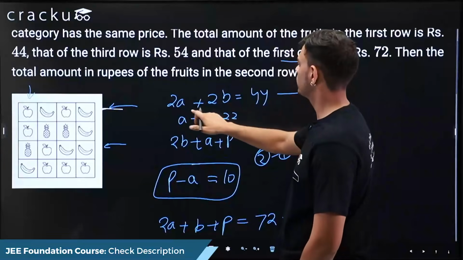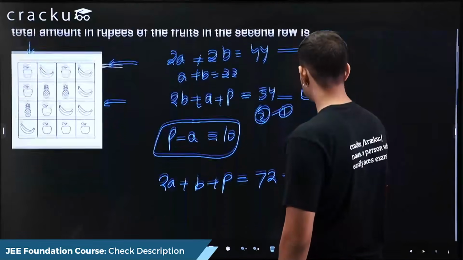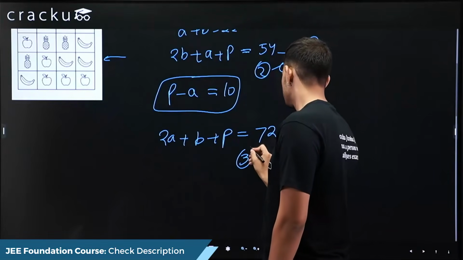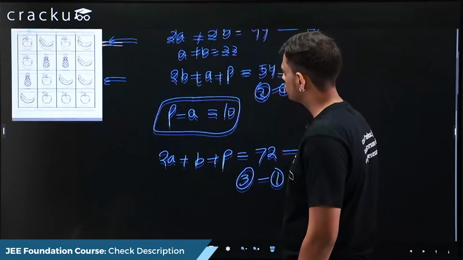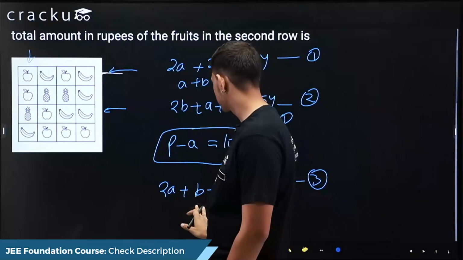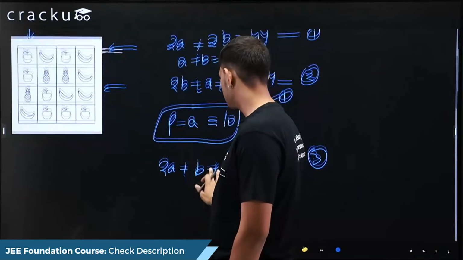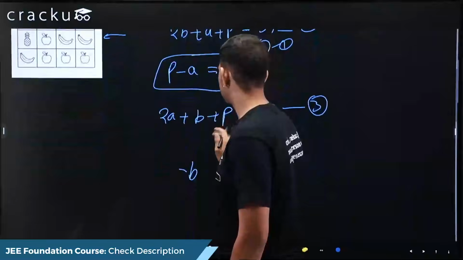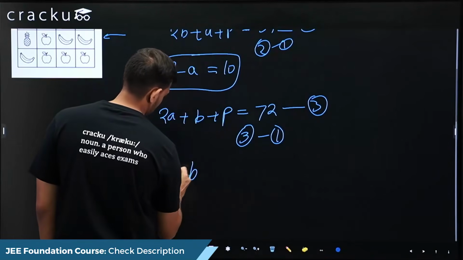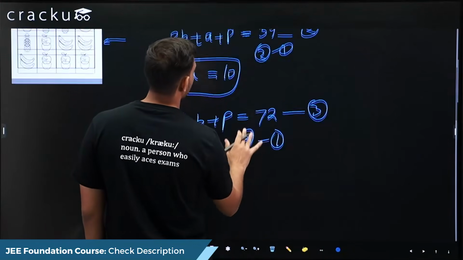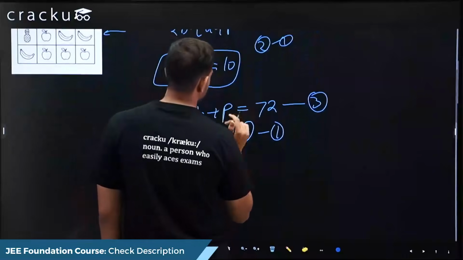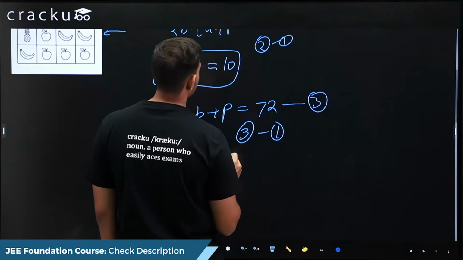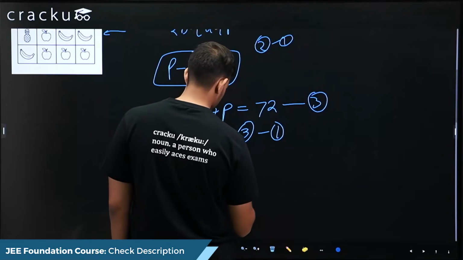Again, in the first equation we have 2 apples, so we can subtract the first equation from the third. This will cancel out all the apples. 2a minus 2a, 0 apples. B minus 2b, minus 1b banana. 1 pineapple and 0 pineapple. This is 72 minus 44, which is 28.